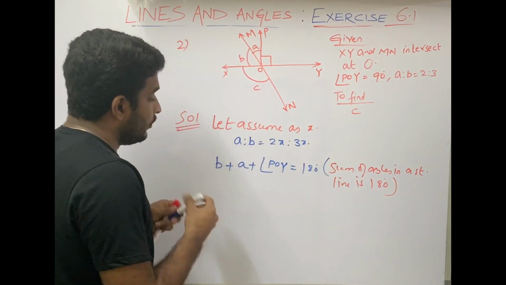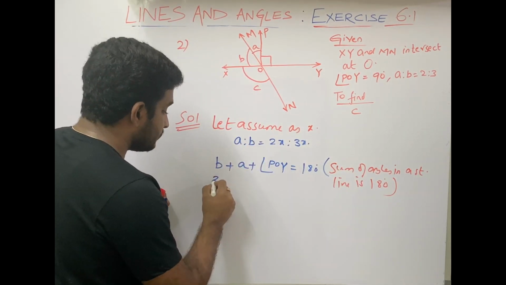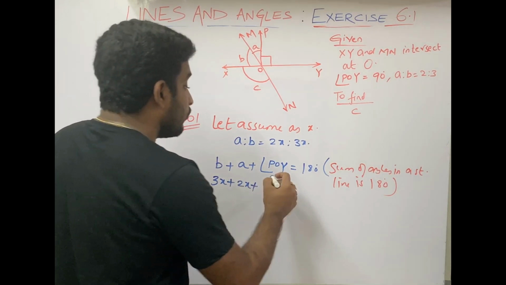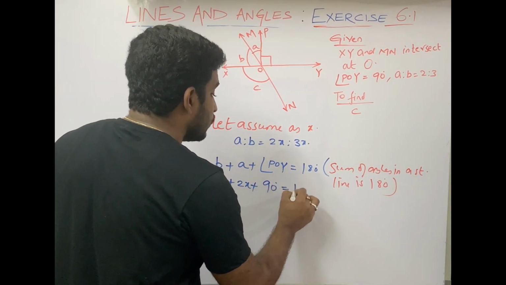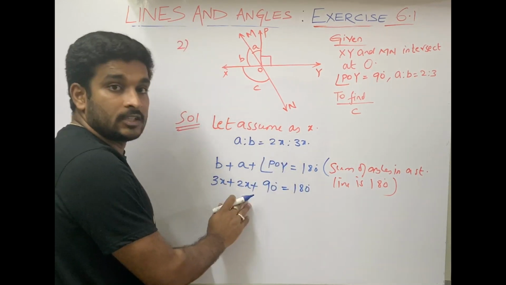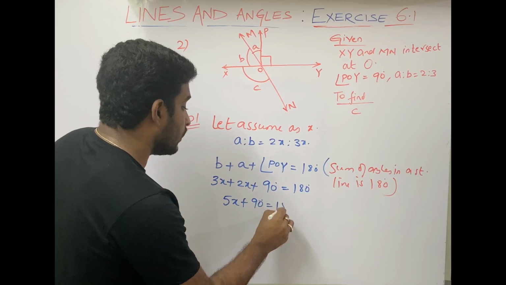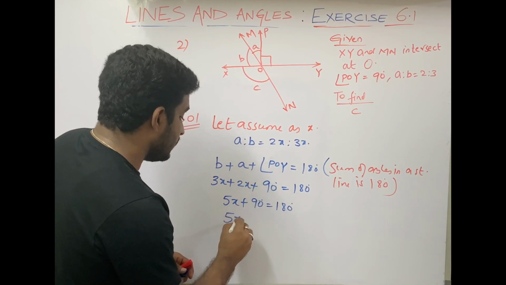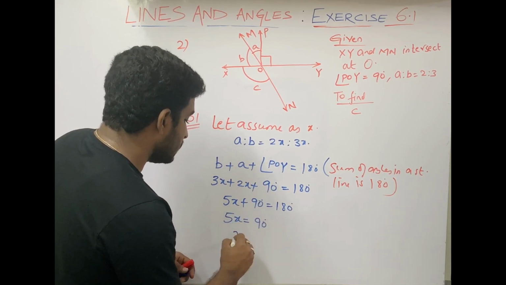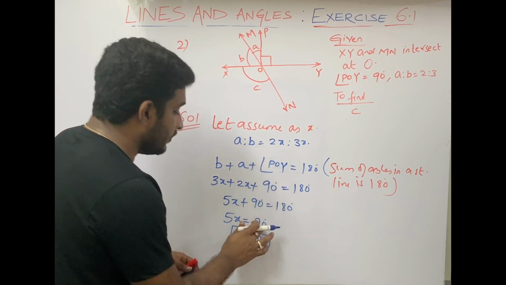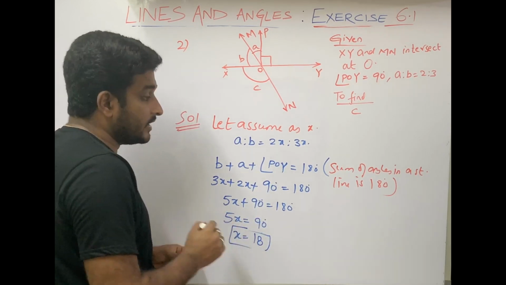We know B as 3x plus A as 2x plus angle POY as 90 degrees equal to 180 degrees. 3x plus 2x equal to 5x plus 90 degrees equal to 180 degrees. 5x equal to 90 degrees, x will be 18 degrees. When we divide 90 by 5, we get x as 18 degrees.